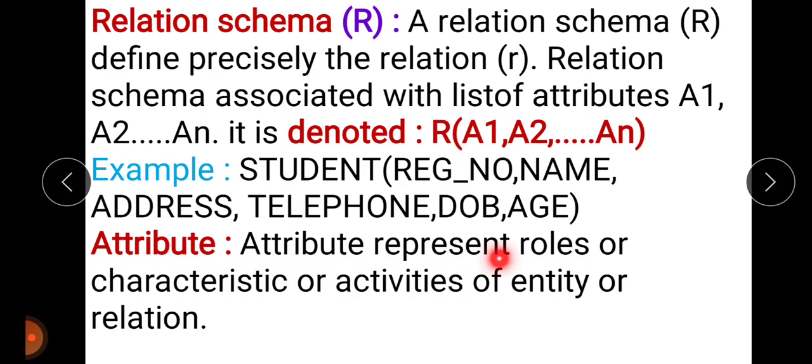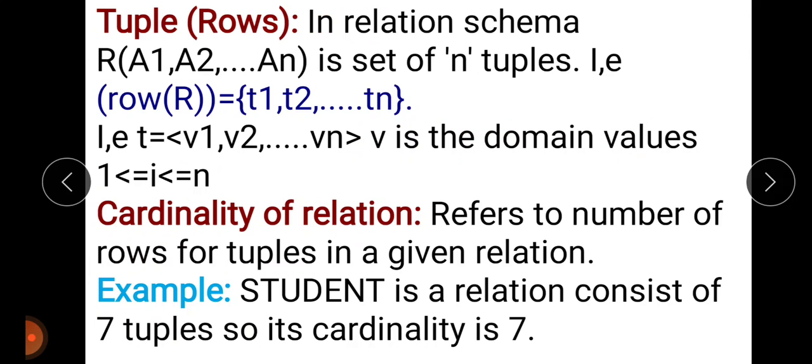Next, we are going to see the formal definition of an attribute. An attribute represents a role or characteristic of an entity or relation. Tuple is also called a row. In a relation schema R(A1, A2, ..., An), a relation is a set of n tuples. A table has n tuples, that is, many rows in a table.